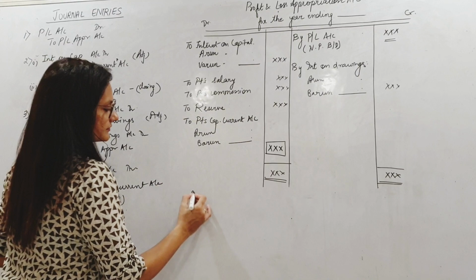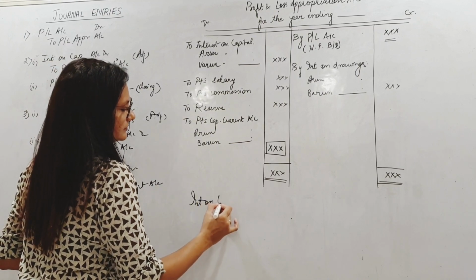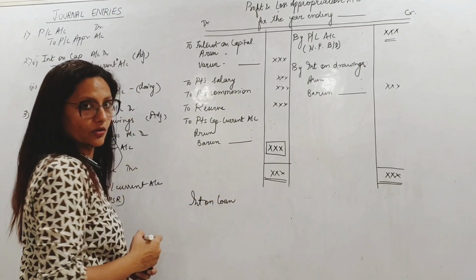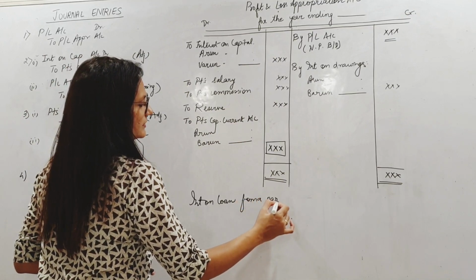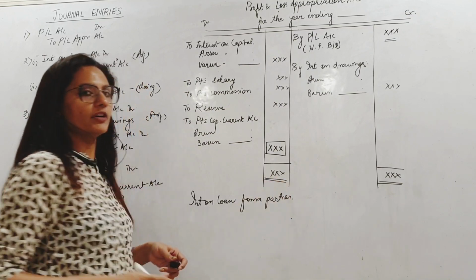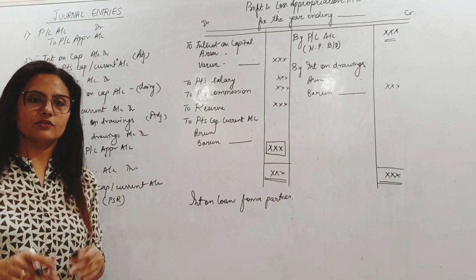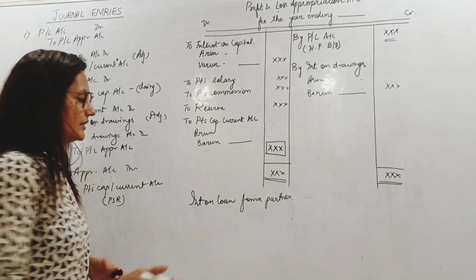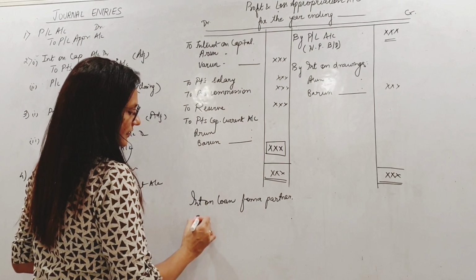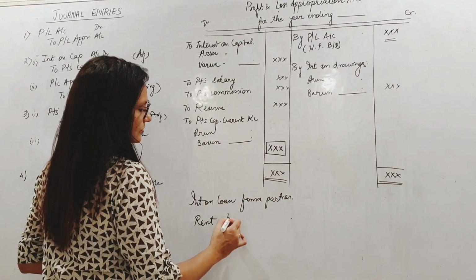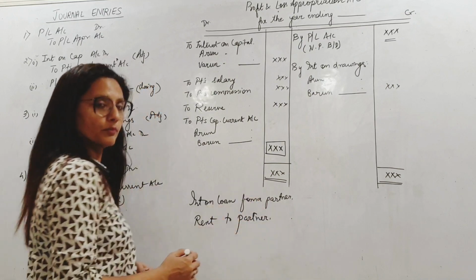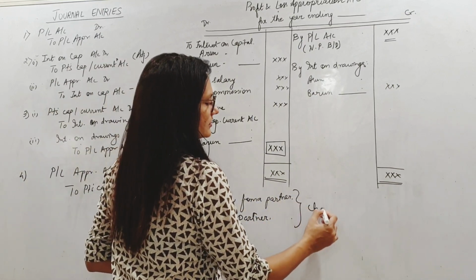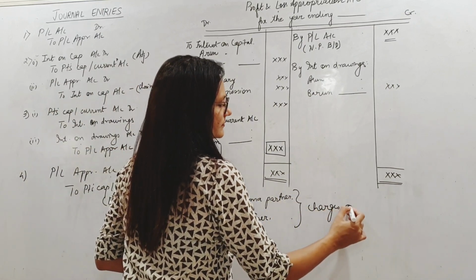Now those are interest on loan from a partner, meaning the firm has taken a loan from the partner, so it will have to pay interest on that. That is a charge against profit. And rent to partner. Both are charges against profit.